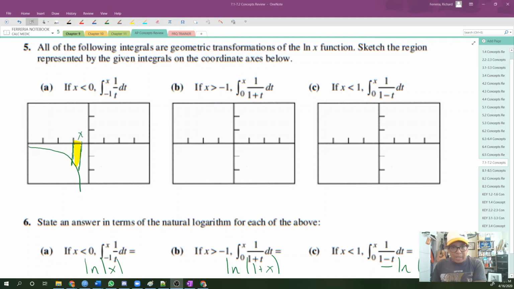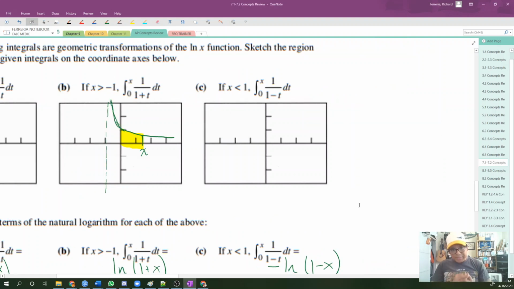Taking a look at letter B, this is kind of just like the graph of 1 over x, only we're shifting that vertical asymptote from 0 to -1. And this time we're saying x is greater than -1, so we're looking on the right side of the graph, and that gives us this graph.